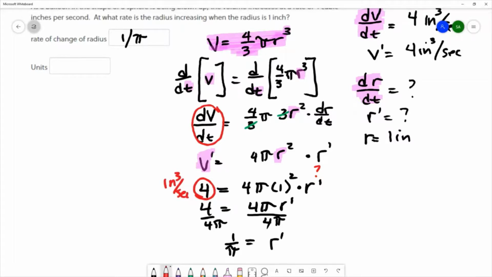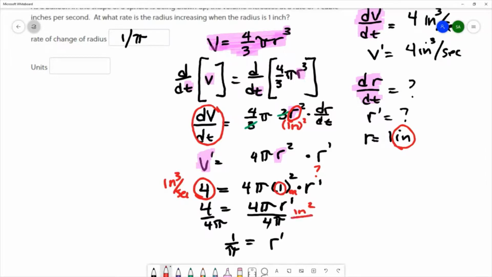The units here, for the radius, that's inches, but then we square those inches, so we have inches squared.